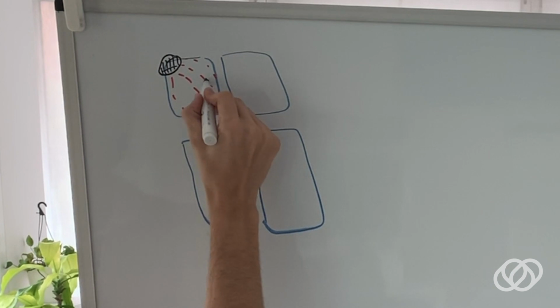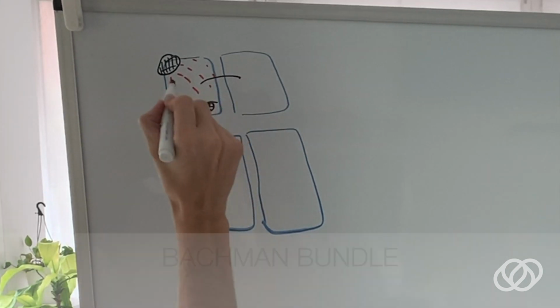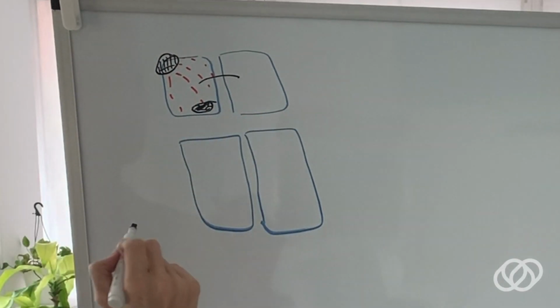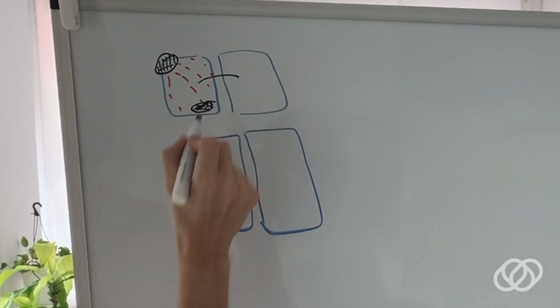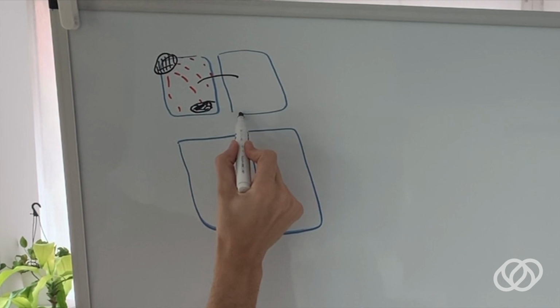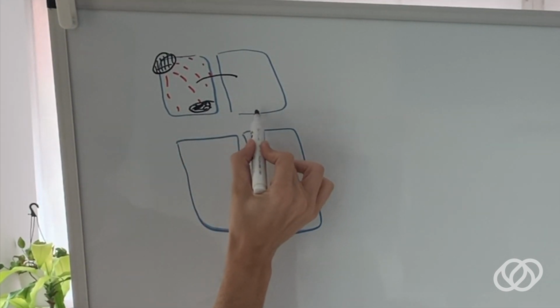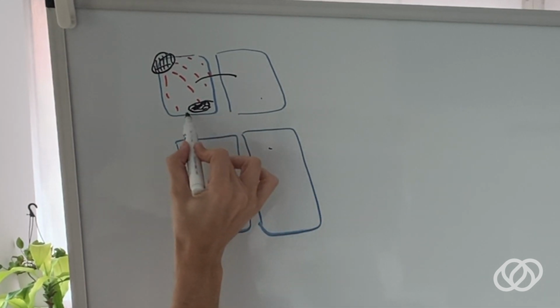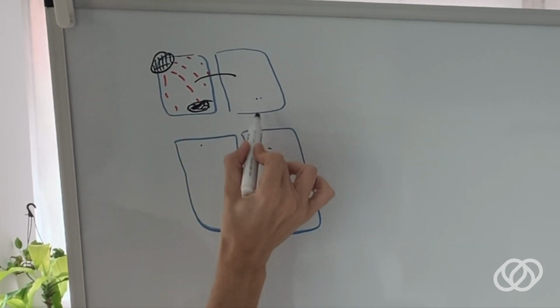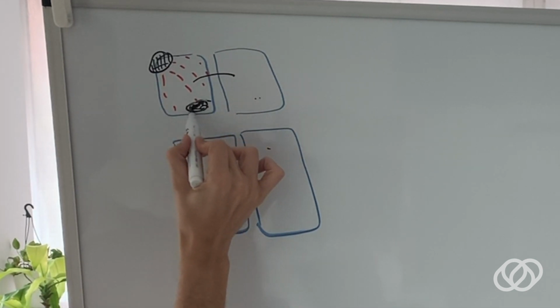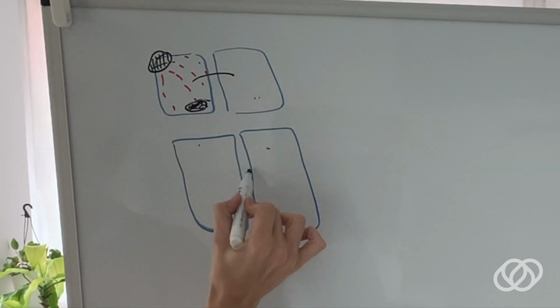Here we have a bundle that is called the Bachmann bundle that will connect the right atrium with the left atrium. And then, because there is a lot of fibrous tissue here and here in the atrioventricular valves, both in the tricuspid valve and in the mitral valve, the electrical impulse has to go through the AV node to go down to the ventricles.